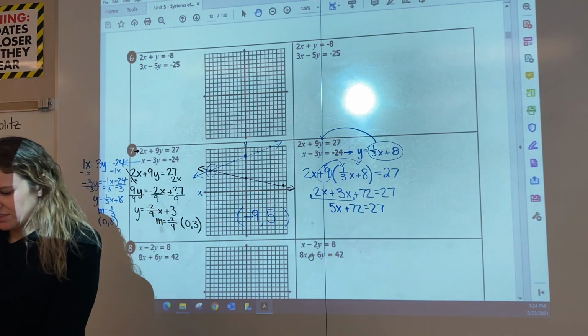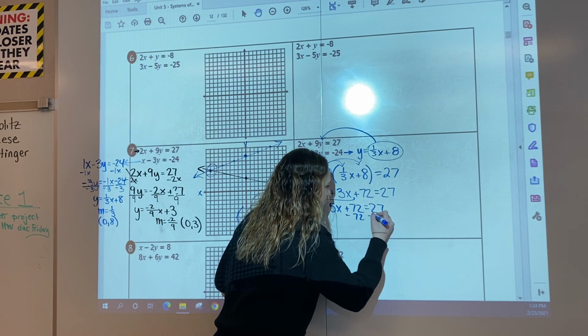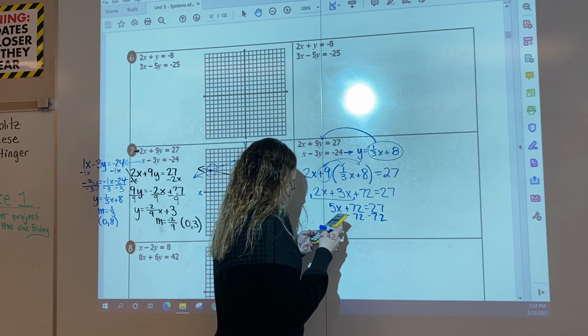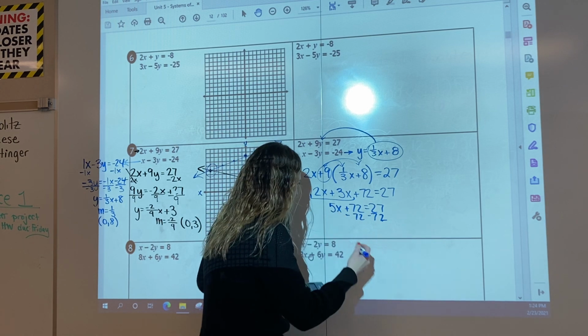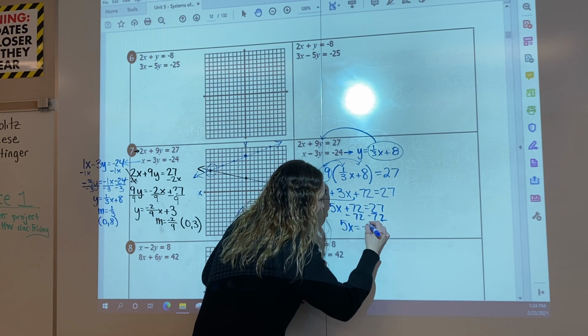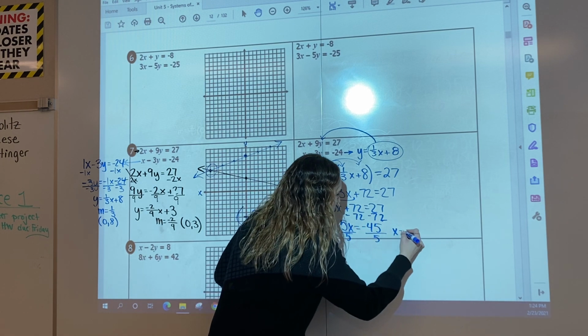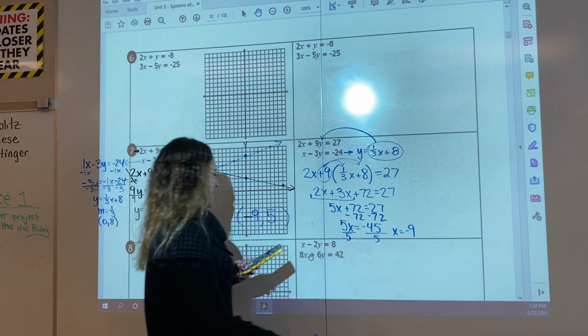Let me grab my calculator because I don't want to mess this up. I think it's 45, but let's subtract 72. That's what I thought. 5x equals negative 45, so when we divide both sides by 5, x will equal negative 9. All right, that's half of it. So far, we're right.